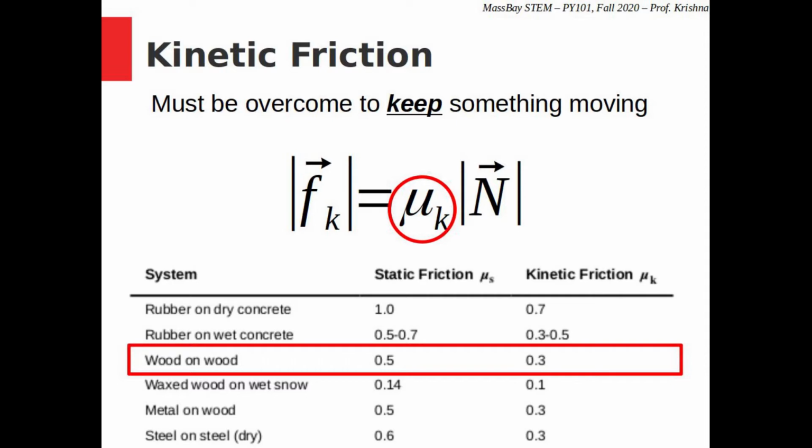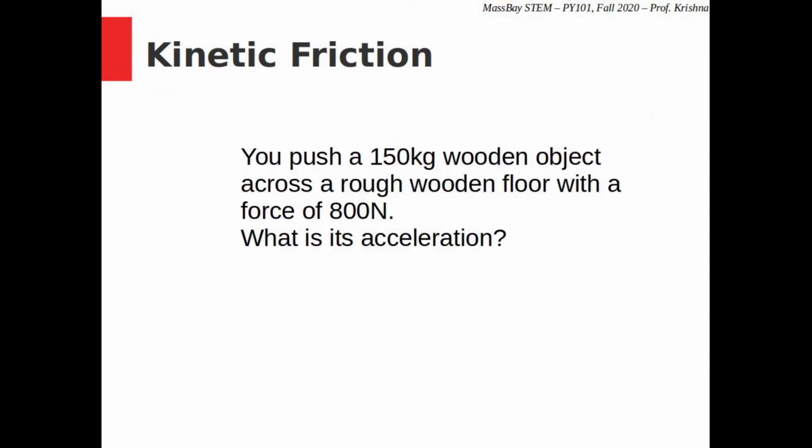Consider this question. You push a 150 kilogram wooden object across a rough wooden floor with a force of 800 newtons. What is the acceleration? Notice that this puzzle implies the wooden box is already moving.